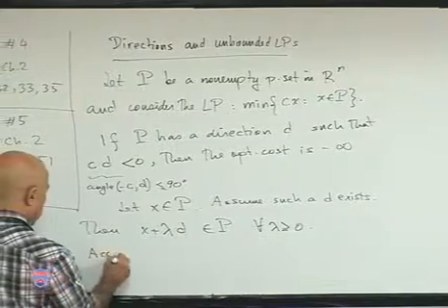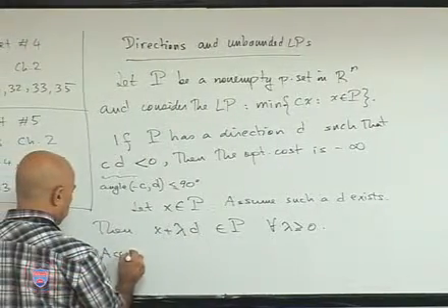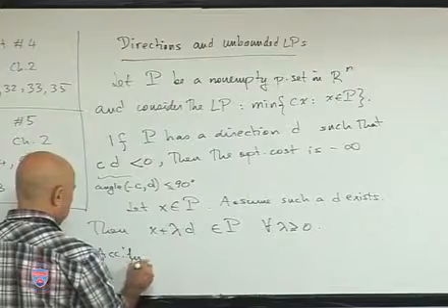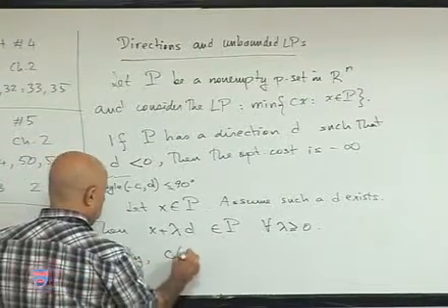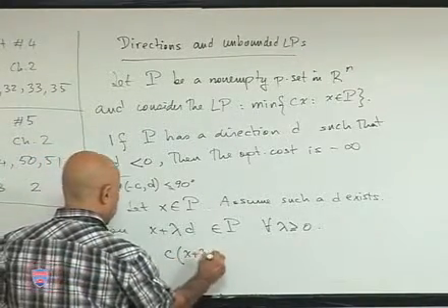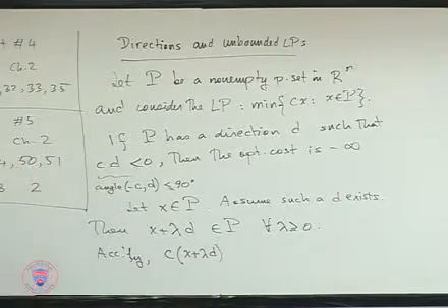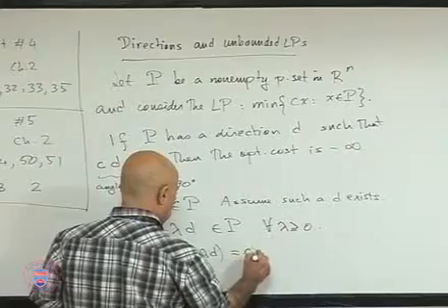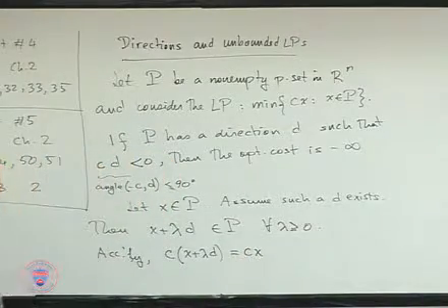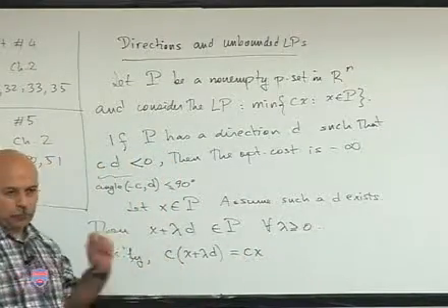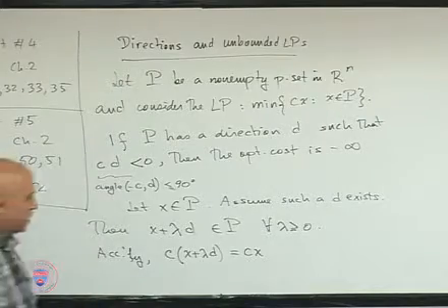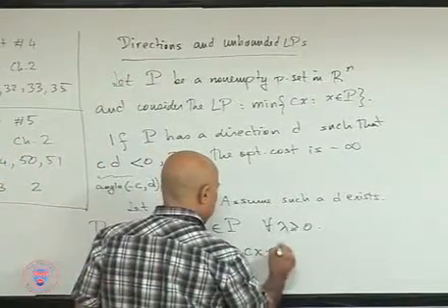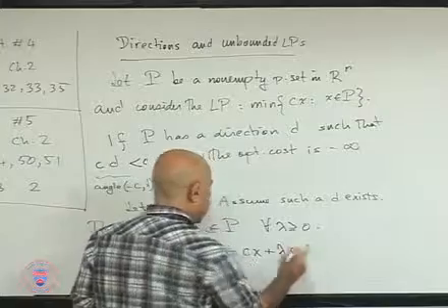Accordingly, what do we have? If you take the objective function value relative to any such point, what do we get? We get Cx, the value of the objective function at the point x, plus lambda times C times d.